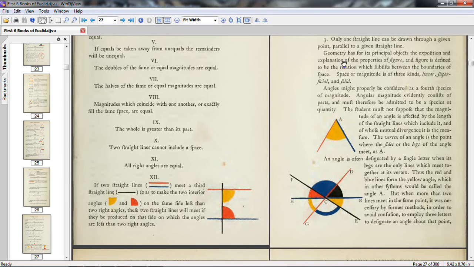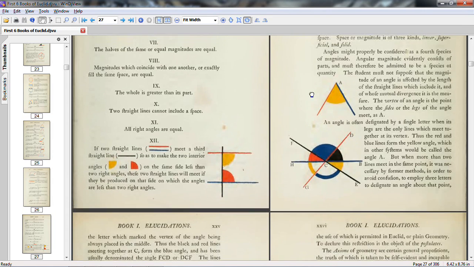So now the geometry has for its main objects the exposition and explanation of the properties of figure, which is an enclosed finite shape with boundaries. The figure is defined to be the relation which subsists between the boundaries of space. Space, or magnitude, is of three kinds: linear, superficial, meaning a surface, or solid.